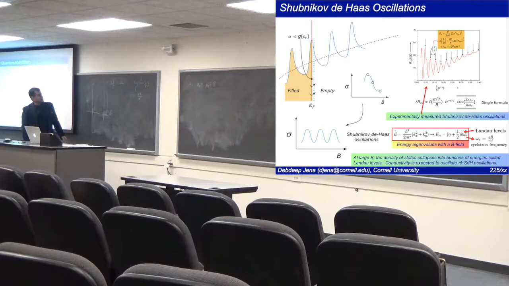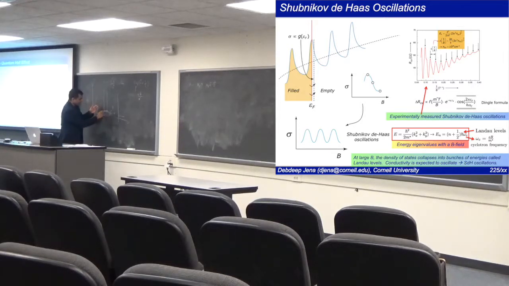But now what happens when you apply a large magnetic field is essentially a bunch of these energies, of width h bar omega_c, they all collapse into one level. That's what happens. For n equal to 0, you'll have a level. So what I'm trying to say is, this bunch of density of states will collapse into one as you turn up your magnetic field.